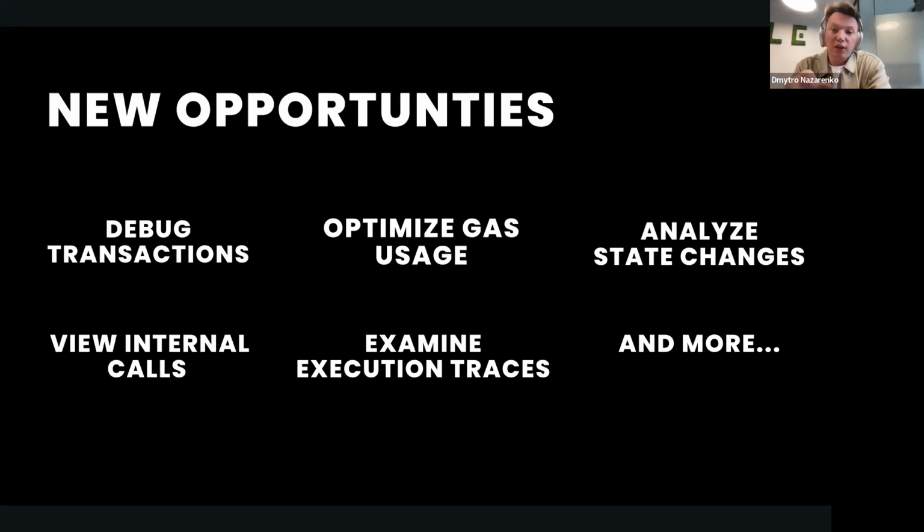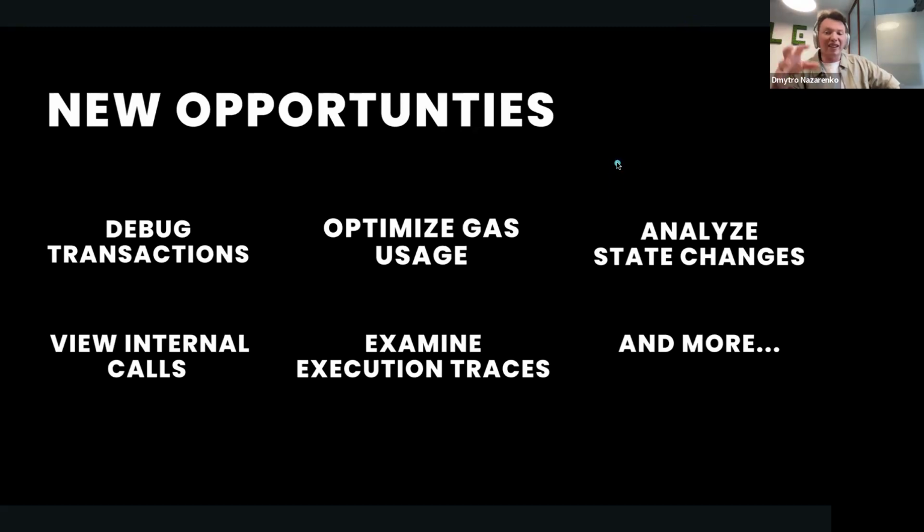So in the future, this tracing functionality will help our customers, our developers, to optimize gas usage, to examine execution traces and find how they can optimize the transaction, how they are working inside the Scale, which opcodes are being used, and so on and so on.